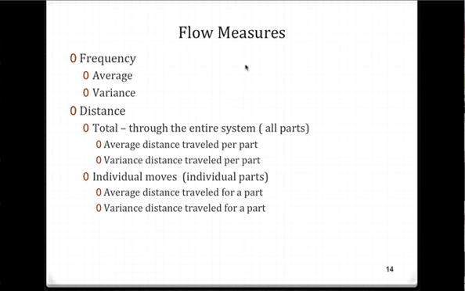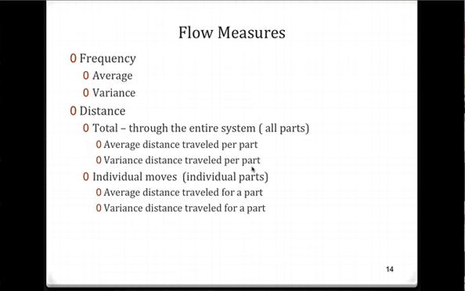We can also use flow measures from the actual material flow. And the two main ones are frequency that we've seen before. That can include the average, which would be the magnitude of material transfers, as well as how variable it is. For the distance, in terms of location in our facility, we can look at the total through the entire system, all the parts, the average distance traveled per part, so you tend to like to minimize that.